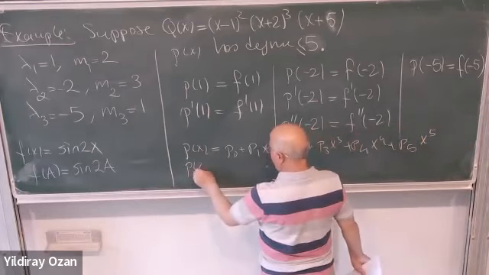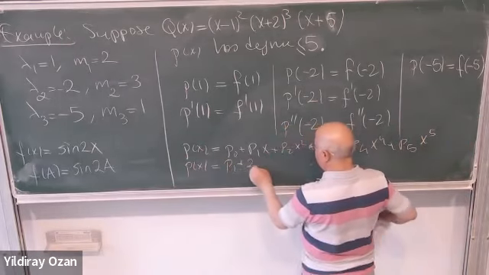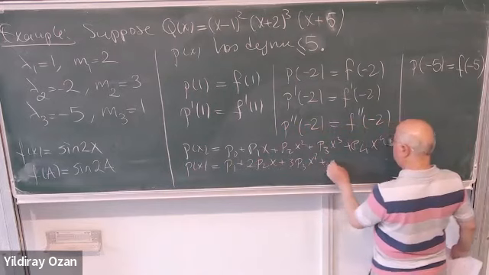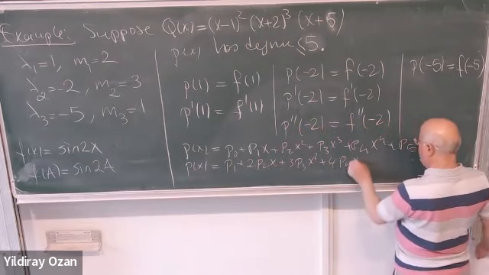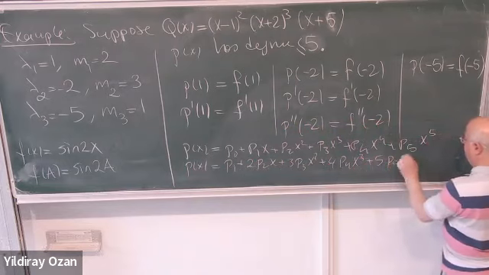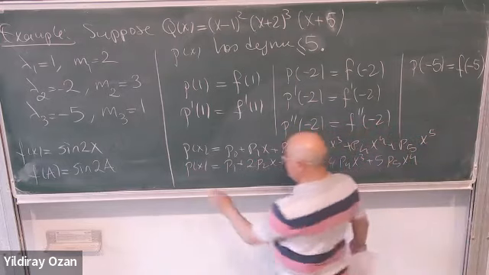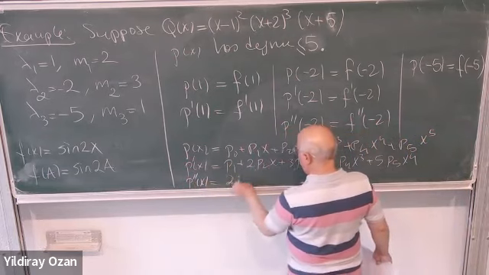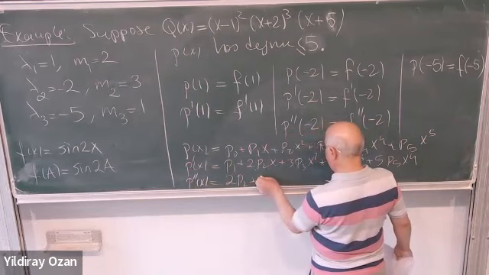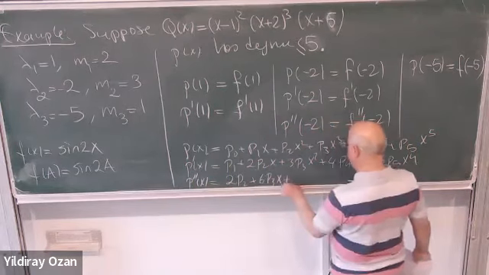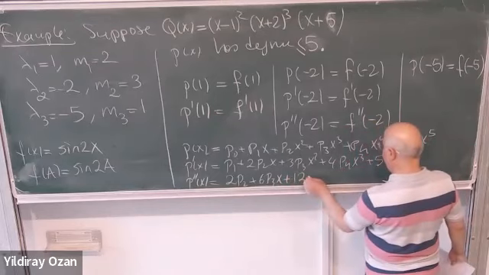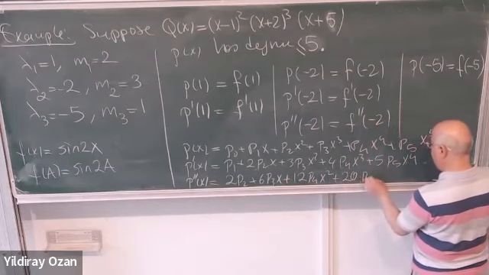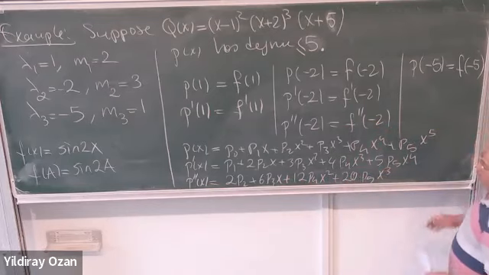The first derivative is P1 plus 2 P2 x plus 3 P3 x squared plus 4 P4 x cubed plus 5 P5 x to the 4. This is P prime. P double prime is 2 P2 plus 6 P3 x plus 12 P4 x squared plus 20 P5 x cubed.